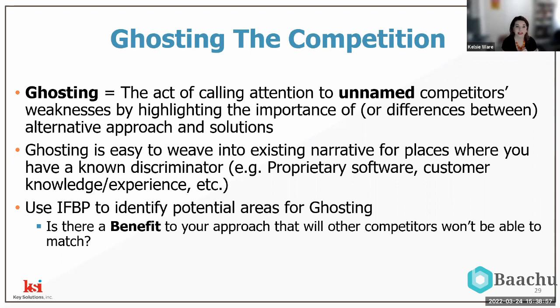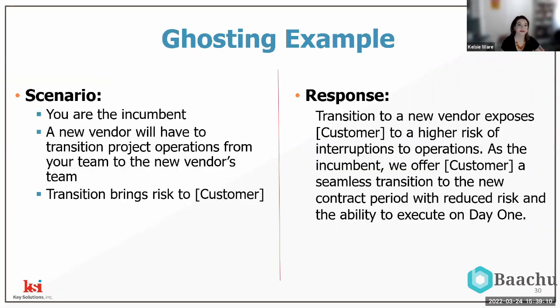So IFBP is a great way to identify potential areas. Is there a benefit to your proposal that other competitors won't be able to match? And then you can just go through that IFBP process and develop a really strong ghosting sentence. So here's an example of how to think about it. For example, if we were the incumbent and we know that there's inherent risk in a customer transitioning to a new vendor, we could totally ghost them on that and say, transition to a new vendor is going to expose higher risk of operations, and we offer seamless transition.